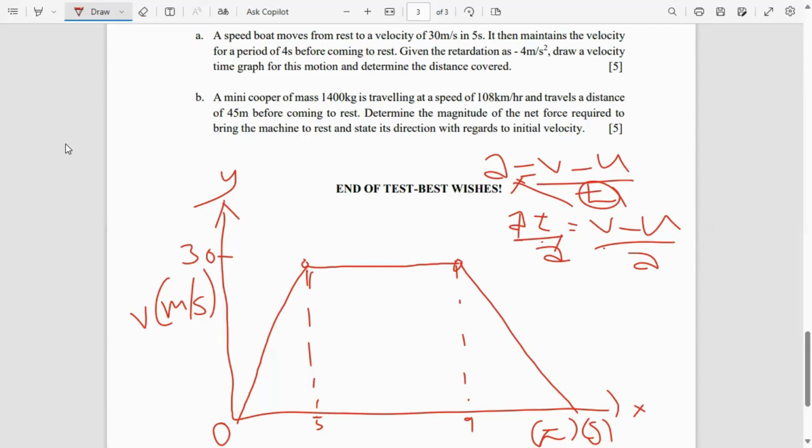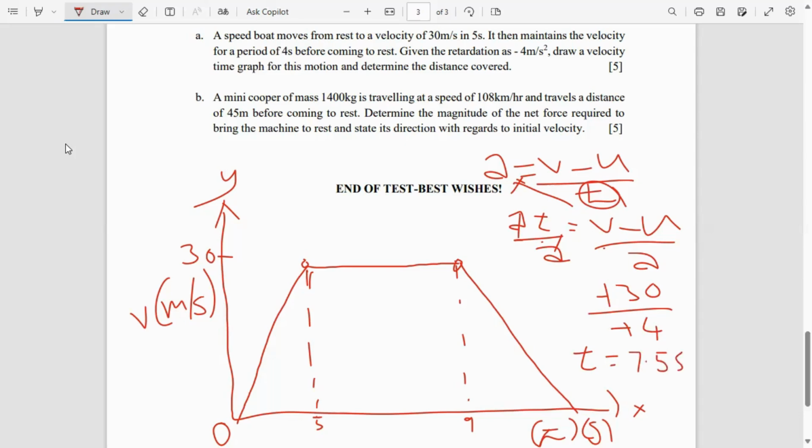What is the final velocity? The final velocity is 0, since it's coming to a stop. So 0 minus, what is the initial velocity? It is 30. So 0 minus 30 is giving us -30 over, what is the acceleration? It is -4. If I divide -30 by -4, I'm going to get time, which is equal to 7.5.